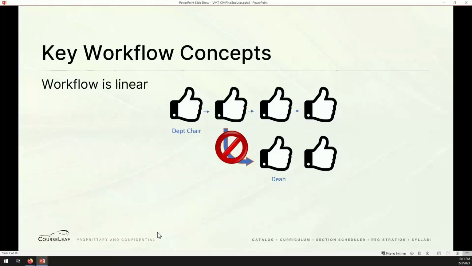So if the approval went department chair, a department committee, and then on to the dean, the department chair cannot choose to skip the committee in order to go on to the dean. You must go in order of chair, committee, dean, etc. And again, this is just an example. This is not your particular workflow.